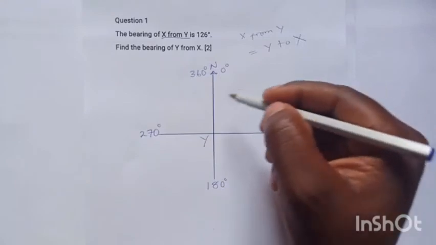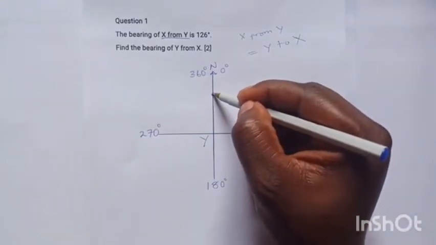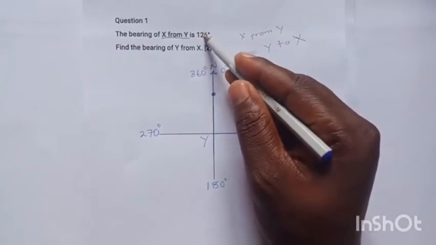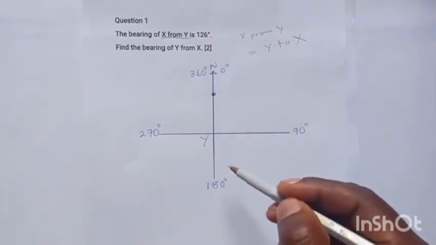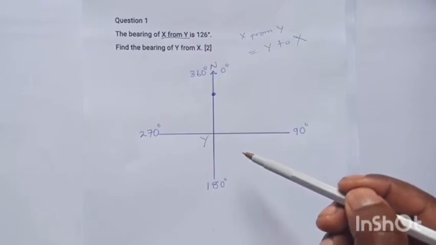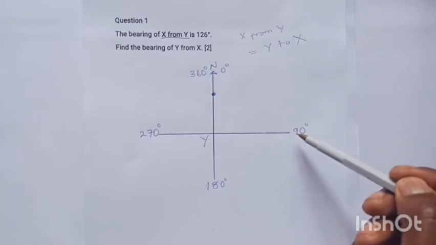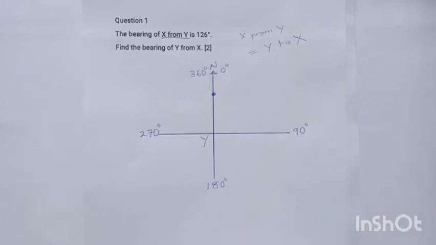Then you touch the north pole of y, so that you measure 126 degrees in a clockwise direction. I want you to notice that 126 degrees is found in the second quadrant. Why? Because 126 is between 90 and 180.